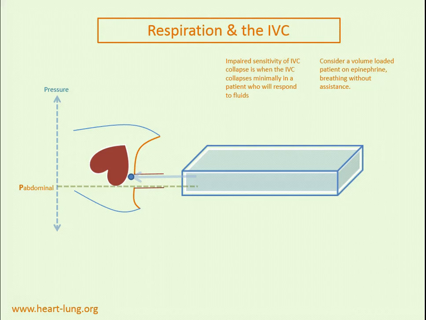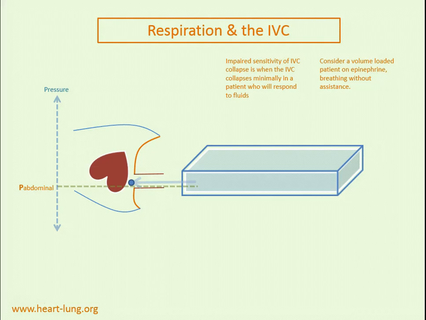And then say this patient doesn't take a terribly deep breath in at the same time. Well, now you're going to see the right atrial pressure fall, but it might not quite get to the intra-abdominal pressure, even though the venous return curve is still intersecting an ascending portion of the cardiac function curve. You may breathe in, and it won't quite get below that intra-abdominal pressure, and you won't see IVC collapse, or you'll see just a little bit of collapse.